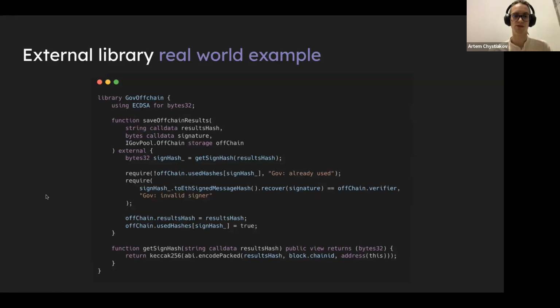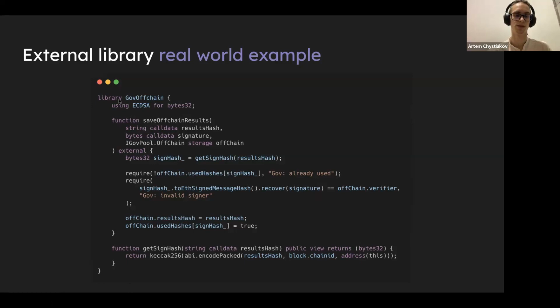And let's take a look at a real-world example of external library usage. Let's just break down what's going on here. The context is actually not important here. What is important is the capabilities of external libraries.